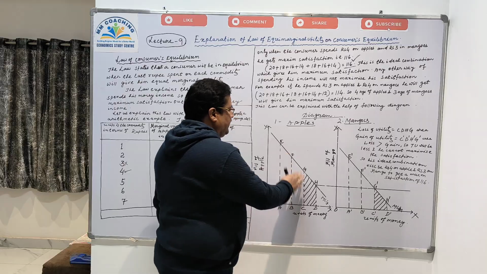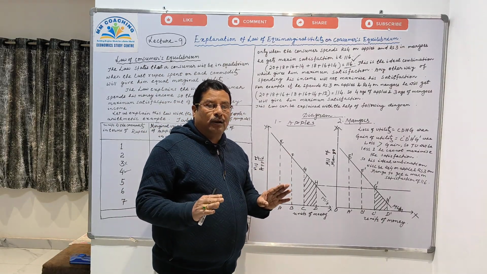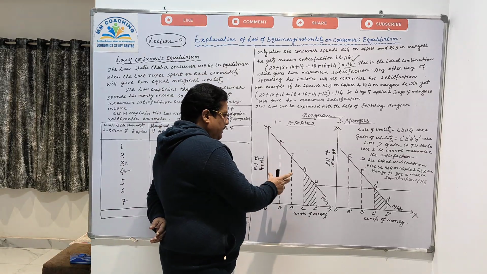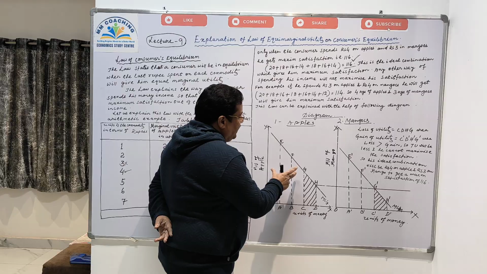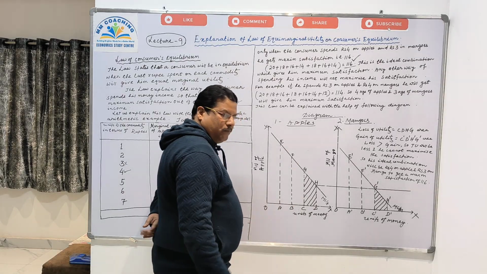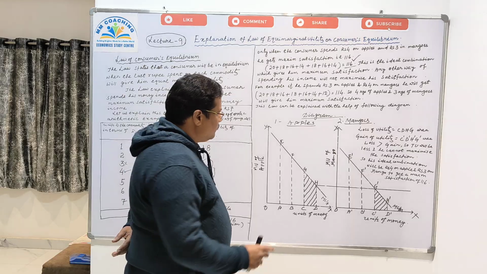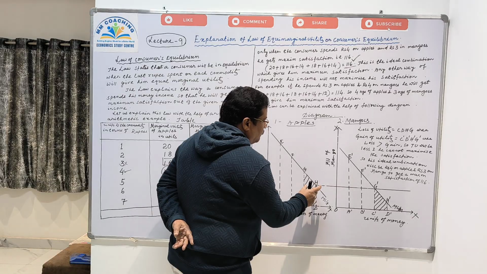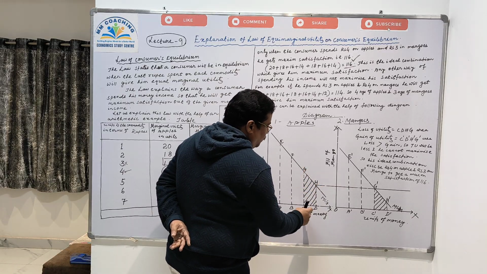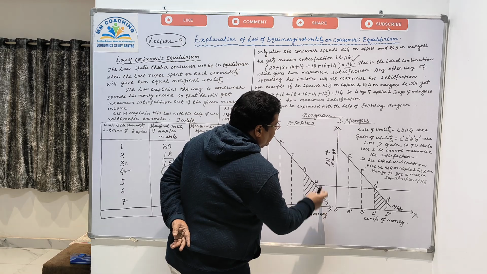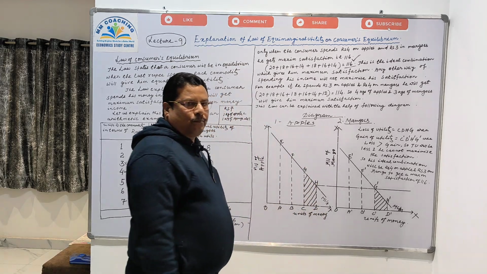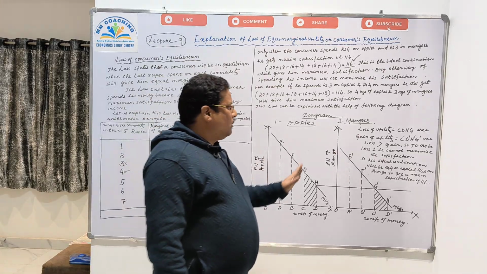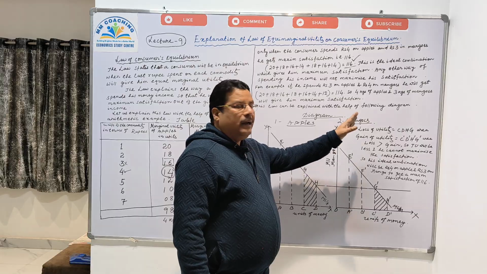Because now he is deviating from his ideal combination. So when he buys 3 kgs of apples, he will lose the utility of how much? CDHG area. So naturally now he will spend rupee 4 on mangoes.